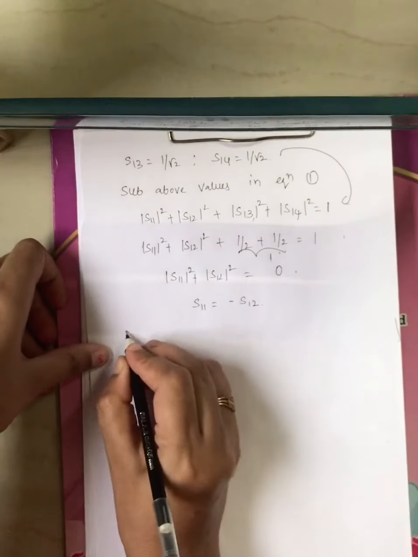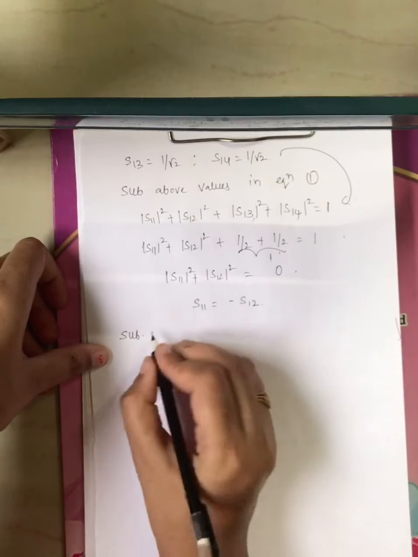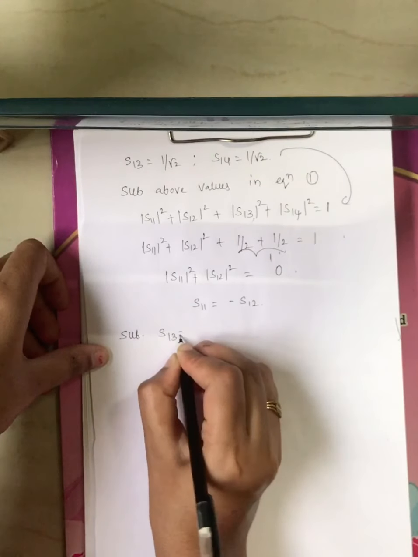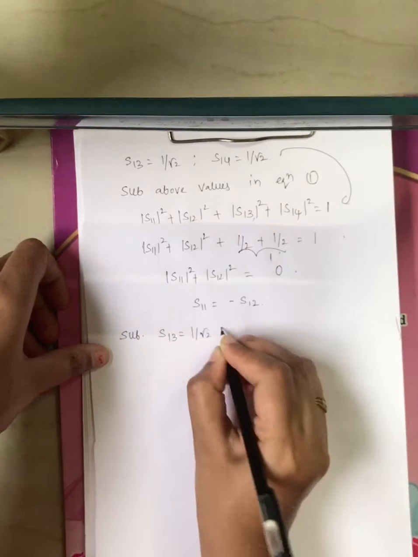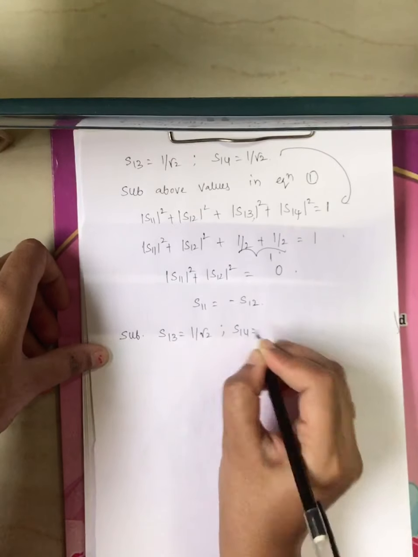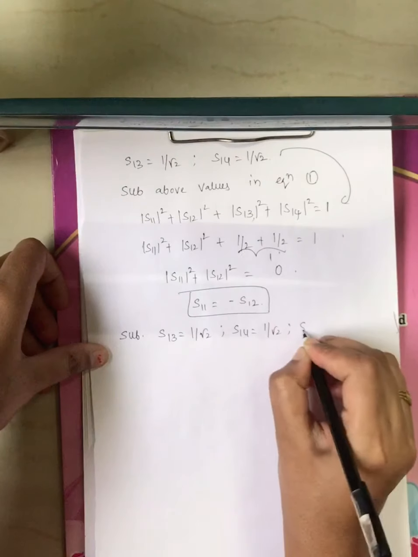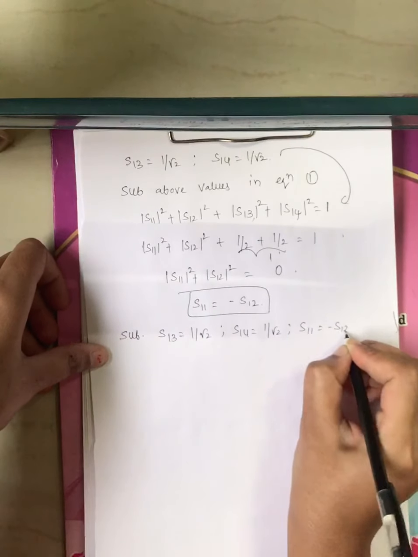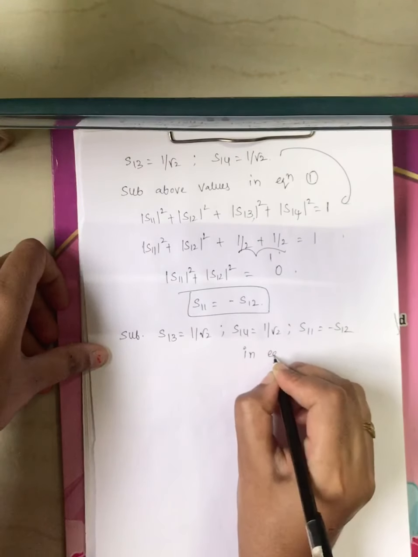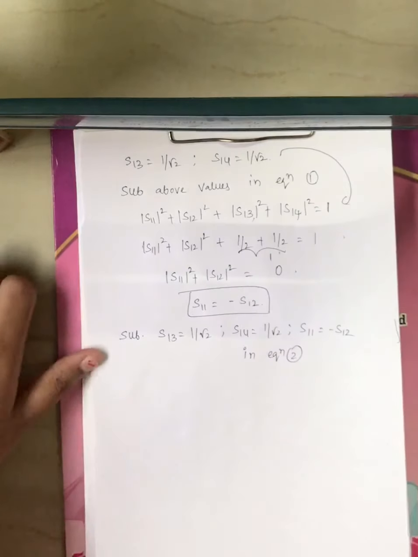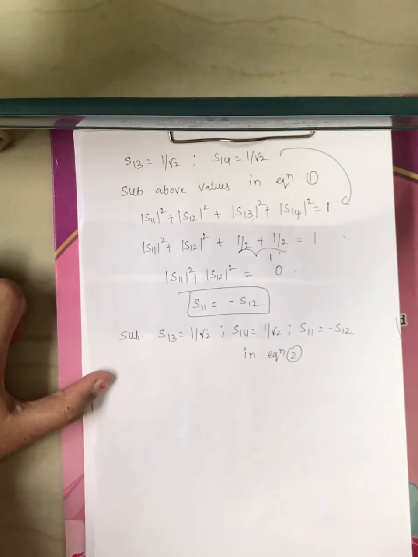Now substitute S13 equals 1 by root 2, S14 equals 1 by root 2, and S11 equals minus S12 in equation 2.